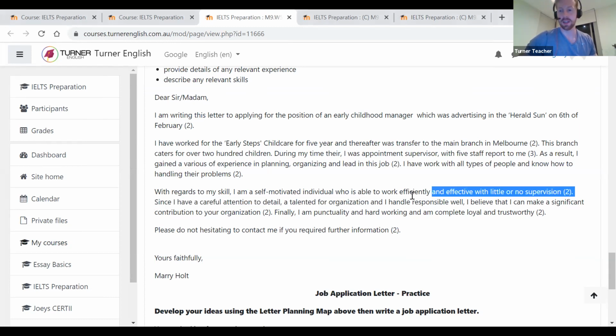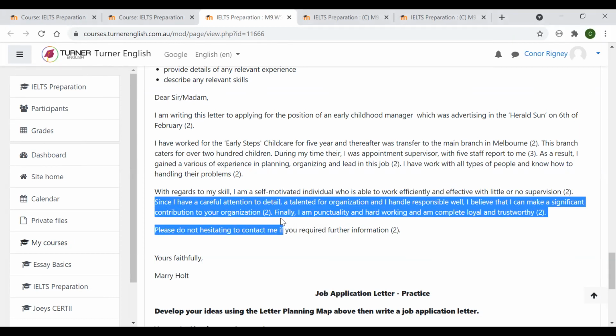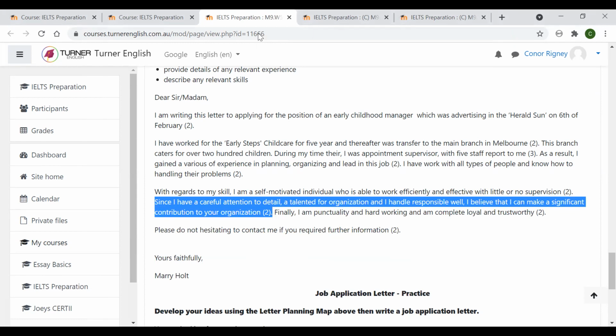Since I have a careful attention to detail, a talent for organization, and I handle responsible well, I believe that I can make a significant contribution to your organization. That's not a mistake. Okay.